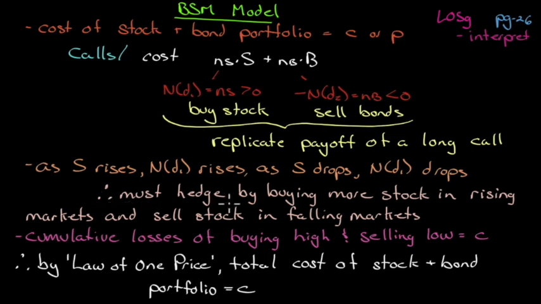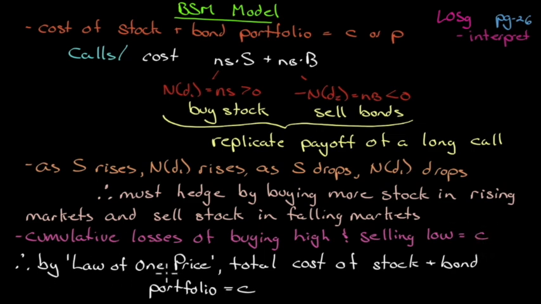Therefore, you must hedge by buying more stock in rising markets and selling stock in falling markets. As the stock is going up, you've got to buy; as it's going down, you have to sell. Those cumulative losses of buying high and selling low equal the call price.